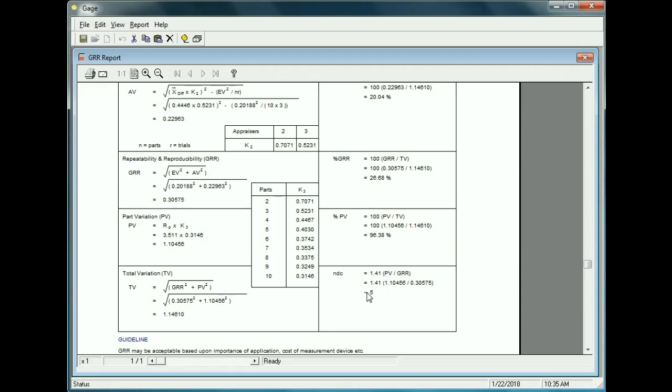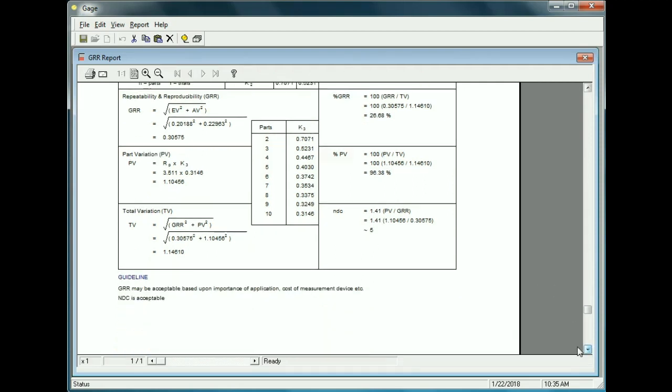We would like the NDC to be 5 or bigger, I think it's 5 or 4, one of those numbers. In any event, we get a guideline by the statements that are made down here. Since the number of distinct categories is greater than 4, and we have 5 here, that's acceptable.